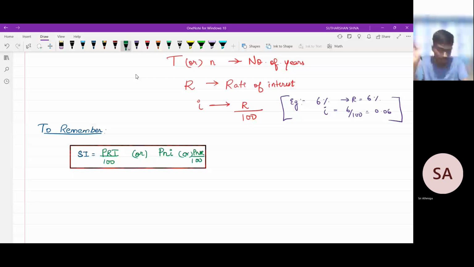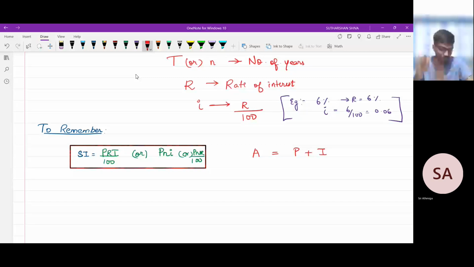What is A? A indicates amount. A is equal to principal plus interest. What is the amount I need to pay to the bank, or to a person, at the end of the year? Along with the principal, I need to pay the interest.